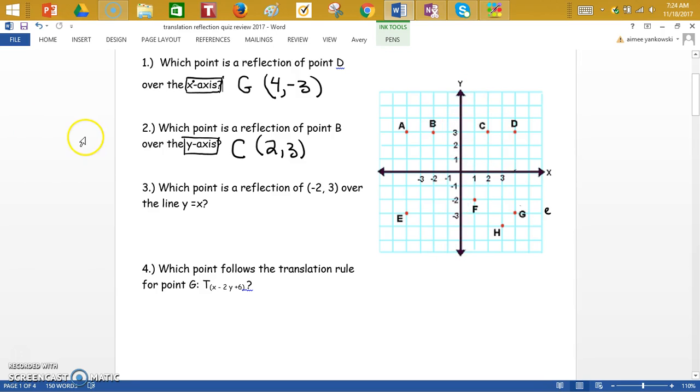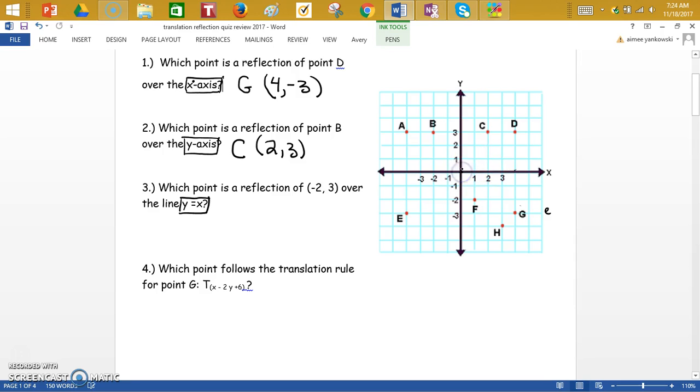It says, which is a reflection of point negative 2, 3 over the line y equals x? Okay, so it's important to know, you have to know, what does that line y equals x look like? Well, y equals x will be any line where the x and y values are the same.